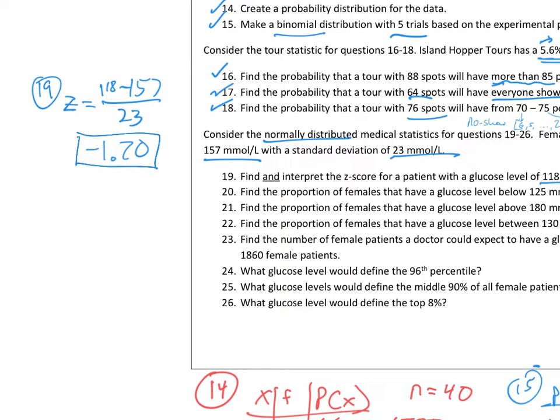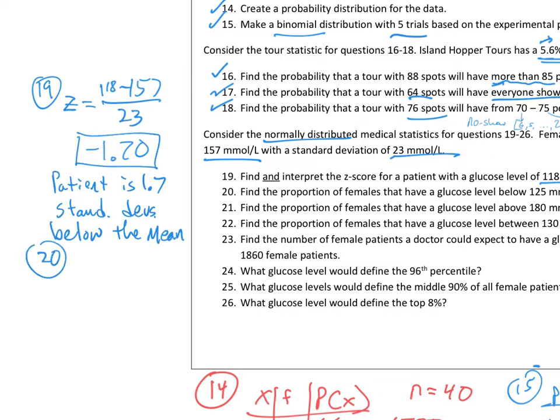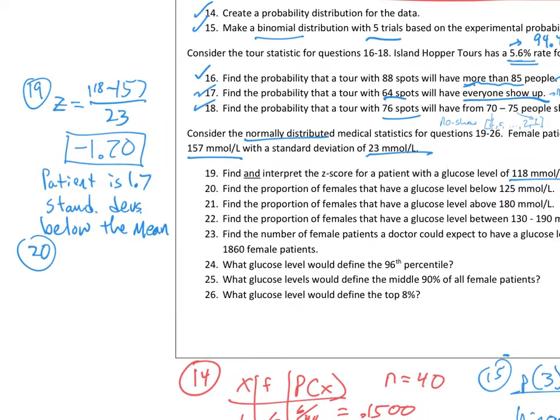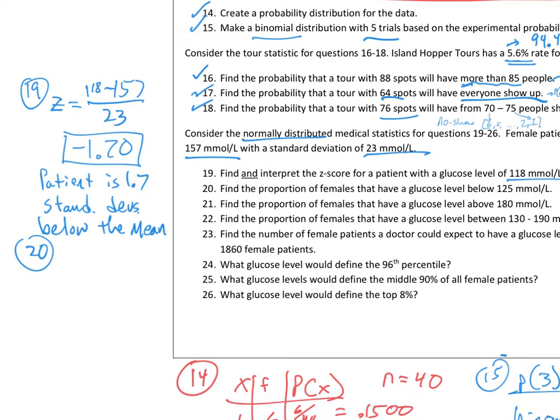Okay, what does that mean? This patient is 1.7 standard deviations below the mean. Okay, that's what that means. So the z-score tells us how many standard deviations away from the mean we are. Positive is above, negative is below.